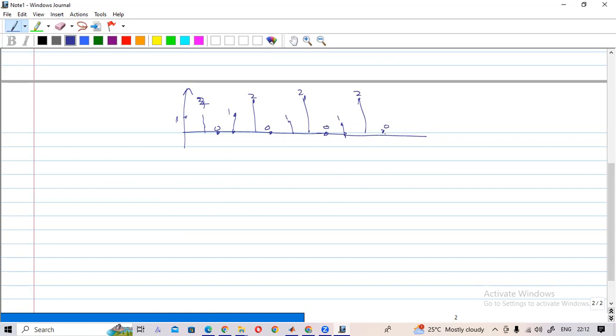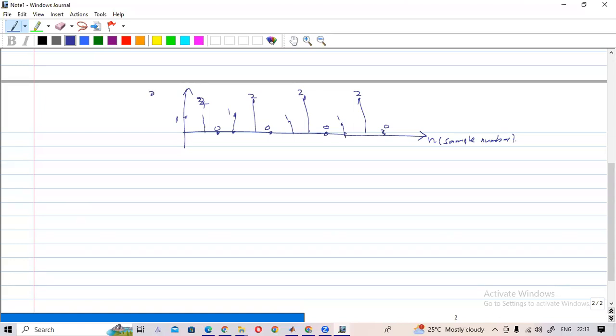And this is normally not referred with time. Normally this signal is represented with n, the sample number. N is the sample number.